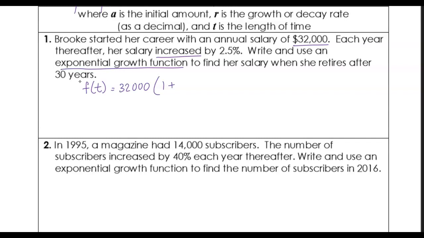What is my rate? What rate do I write down here? Yes, guys. It is 0.025 because we take the decimal place and we move it 2 to the left. Or you can think of it as dividing by 100. To the power of t.